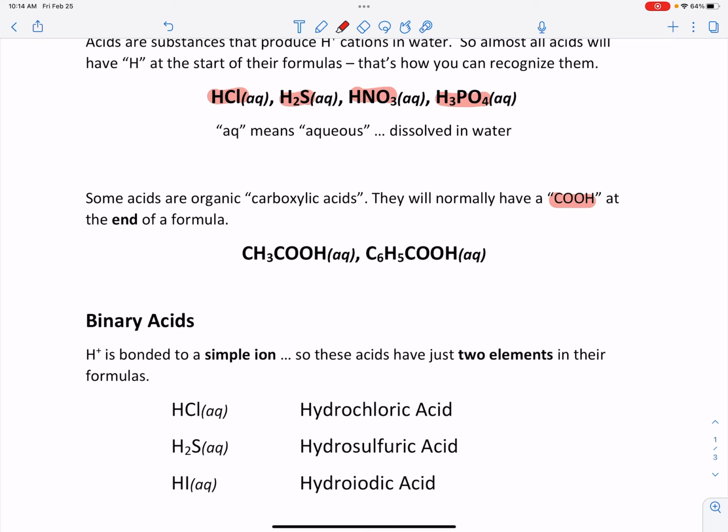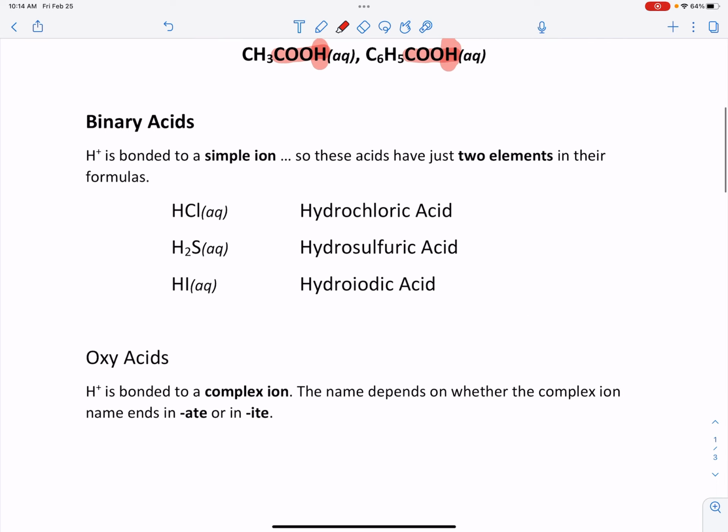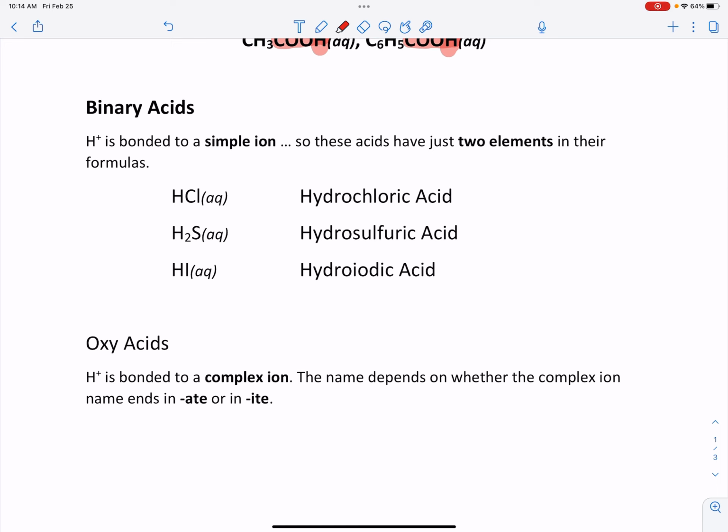So here are two examples, CH3COOH, C6H5COOH. So that COOH is a carboxyl group, and therefore these two things are carboxylic acids. In the carboxylic acid, the hydrogen that makes it an acid is at the end of the formula rather than at the beginning.